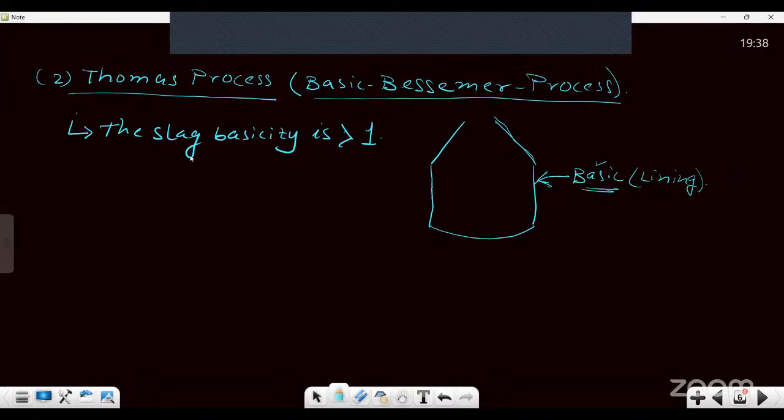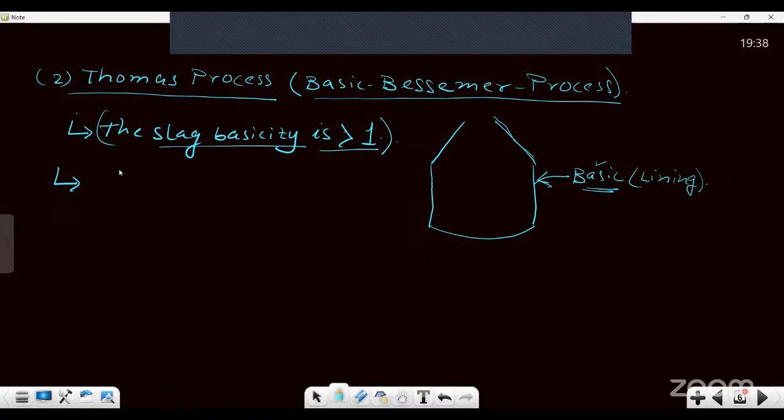Why is this Thomas process important? It is used when more phosphorus is present in the hot metal. Then the phosphorus removal will become easy if my slag basicity is more than one. That means if the slag is basic slag, phosphorus removal is going to become easy.